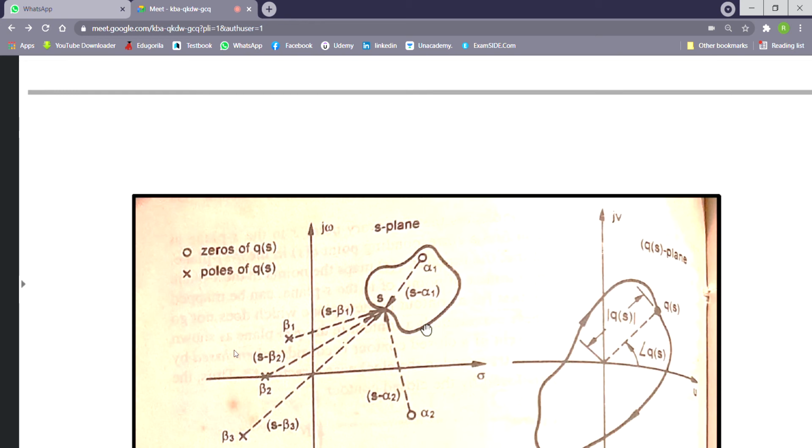If we traverse the contour in the clockwise direction, this is the region which will be enclosed by the contour. Now let's assume that the given Q(S) has its zeros located at alpha 1, alpha 2, and these are the poles beta 1, beta 2, beta 3, and so on and so forth.